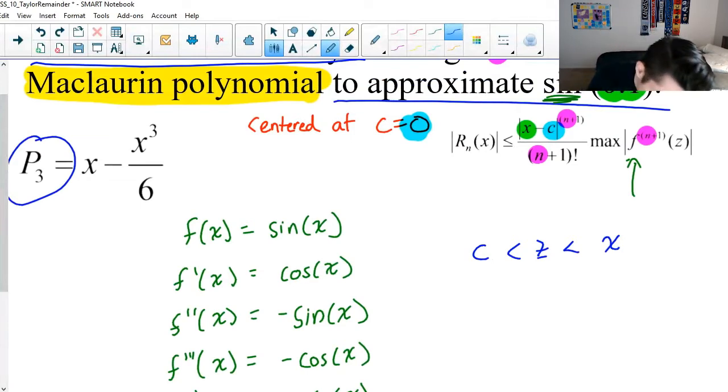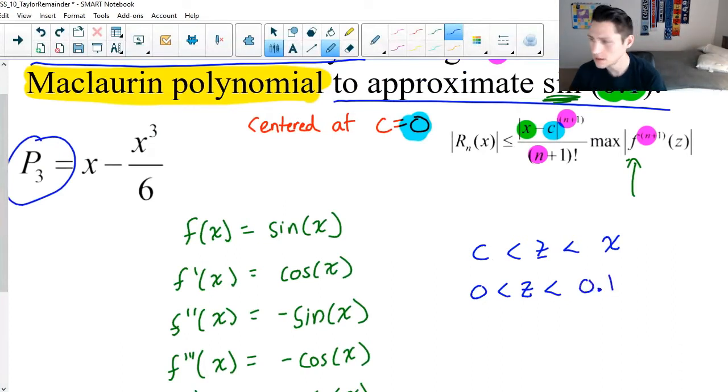All right, well, we already know that c is 0, centered at 0. And we already know that x is 0.1. So z is something in between those two.